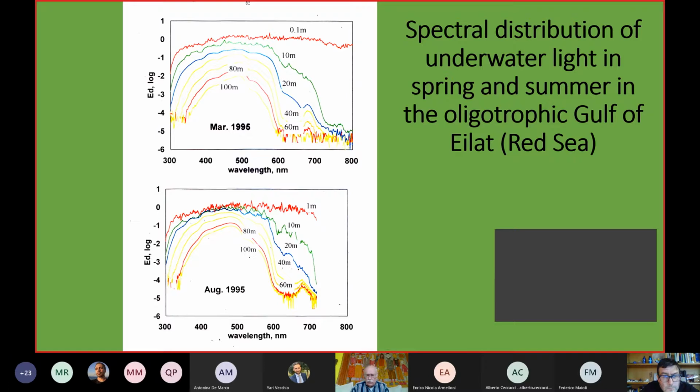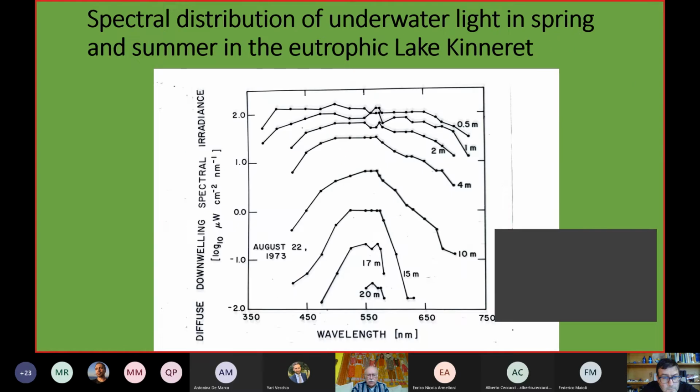So really the difference between the different depths is very, very steep. And again, you can see that at depth, the dominant color is the 560 that is not absorbed by the massive phytoplankton microalgae that multiply in spring in the lake.